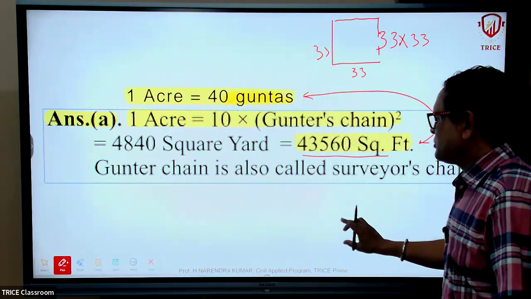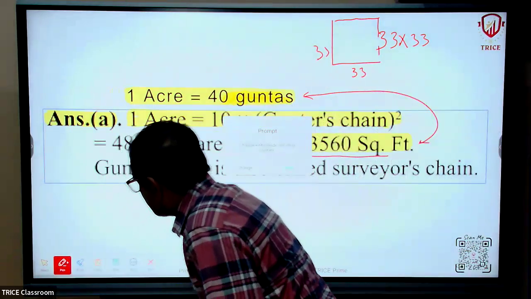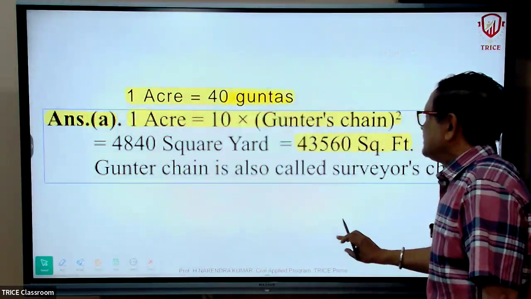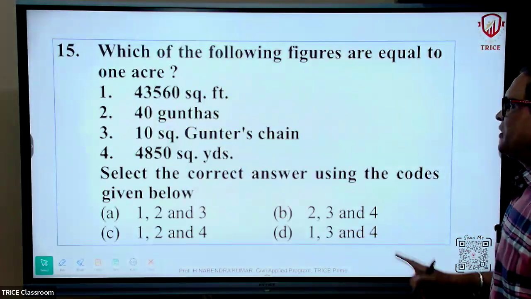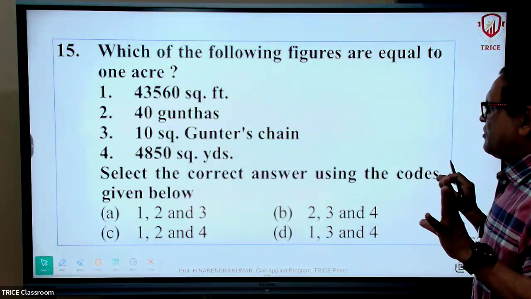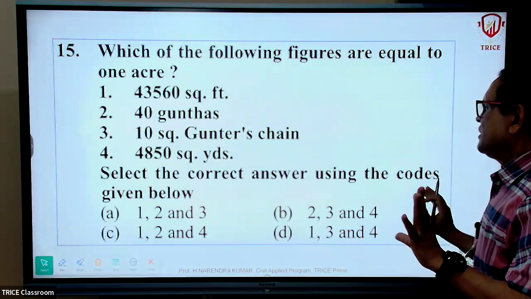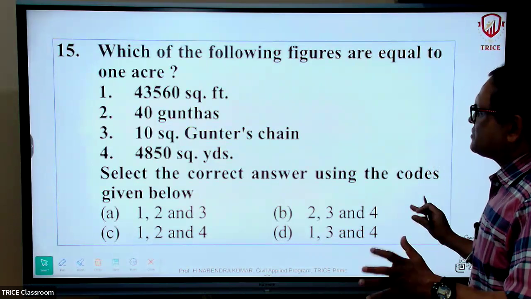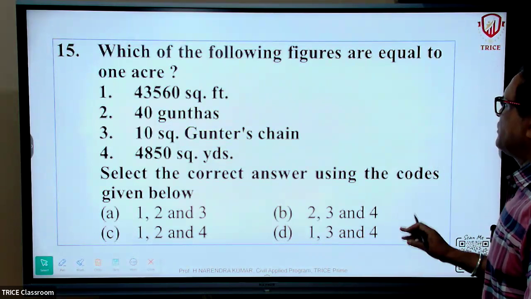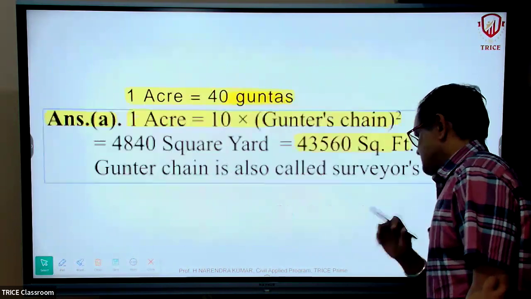Okay, so this is about the answer. So you need to select what? Answer A. But you need to work out. If you are familiar with all these things, then you can easily answer. Otherwise, you need to work out. That is why this is not a basic question.